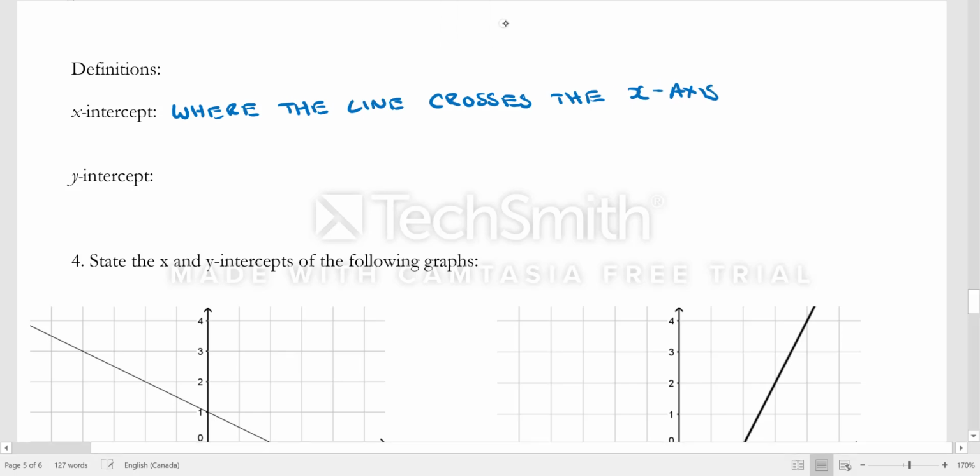Okay, and the y-intercept is where the line crosses the, guess what it is? The y-axis. Okay, so pretty straightforward.